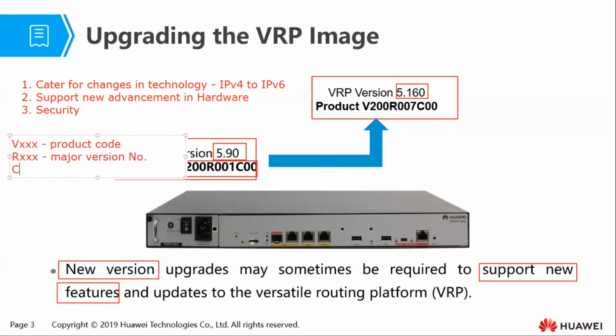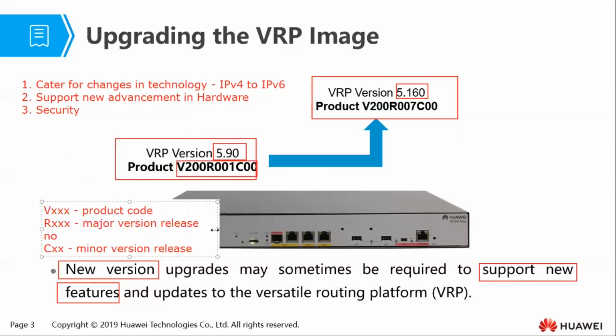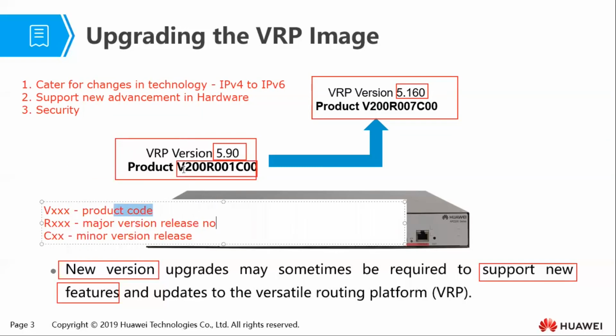When we have CXXX, it means that this is the minor version release number. As you can see from this example, the product code is 200.